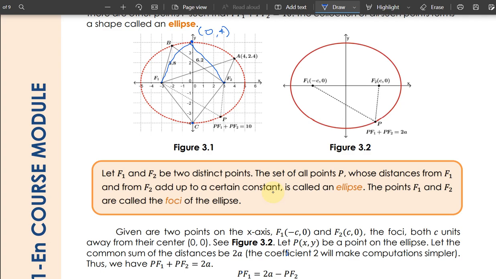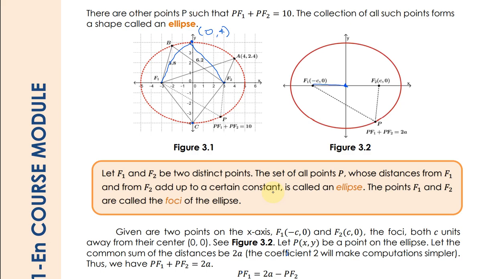If c is 2, automatically on the other side our value is positive 2, so 2, 0. So we just let c be any constant number. So that is c distance away from the center, 0, 0. The same c is the distance from your x count, so this is your x coordinate. So they are the same distance.